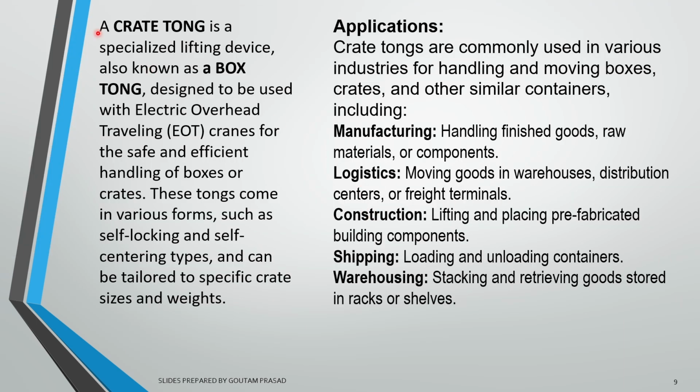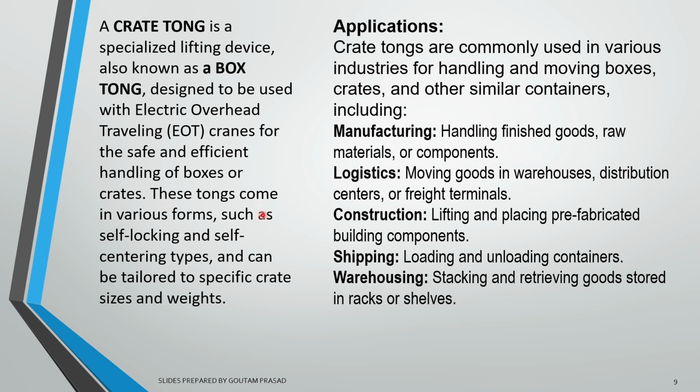Okay. So a crate tong is a specialized lifting device, also known as a box tong, designed to be used with the electric overhead traveling crane for the safe and efficient handling of boxes or crates.